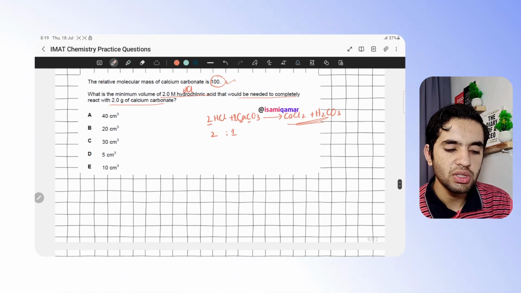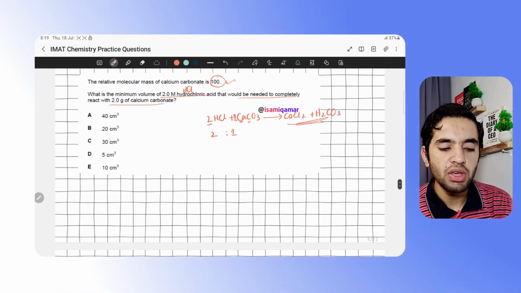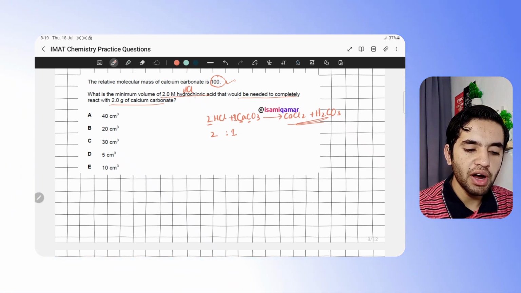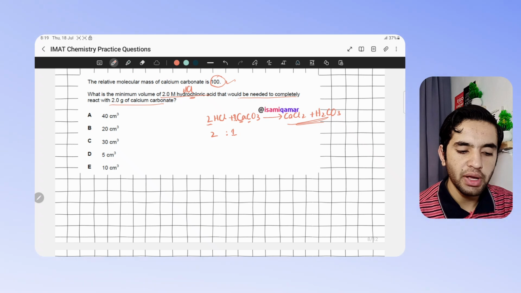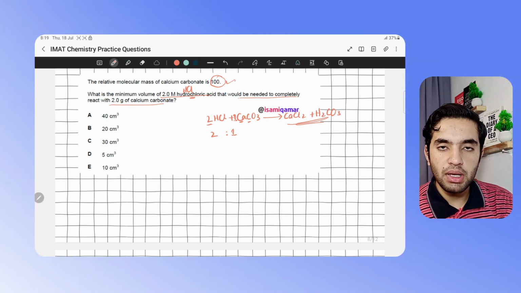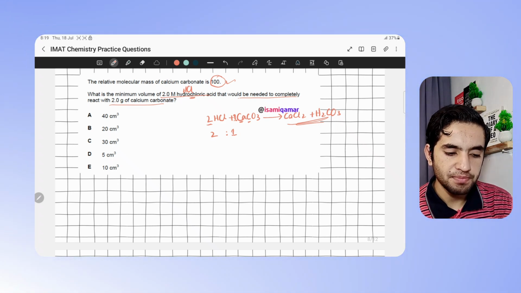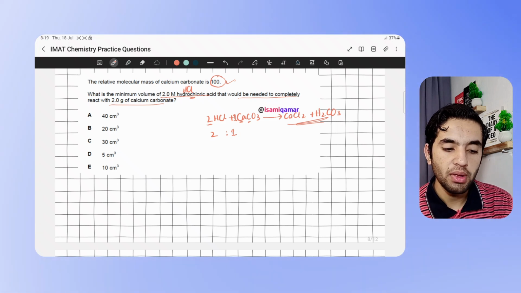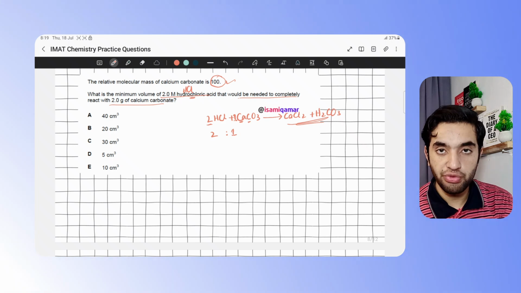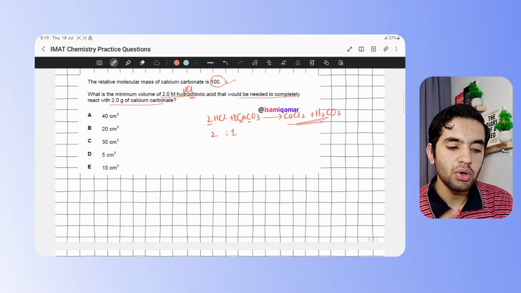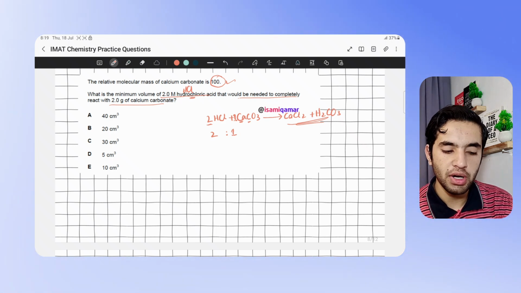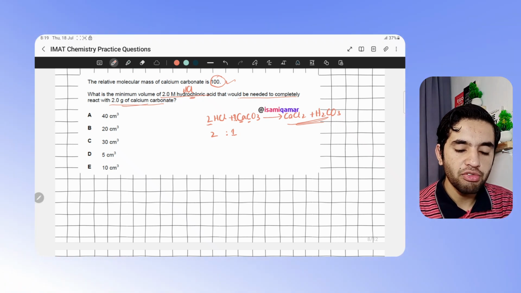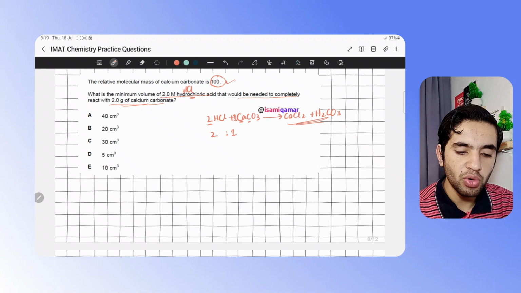So what we are going to do with this relative molecular mass? We have to find the volume of hydrochloric acid. But here the situation is that we are given 2 grams of calcium carbonate. So it means that we have to find the moles, because for finding the volume, the formula is this.